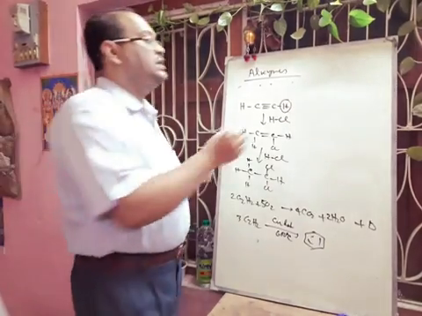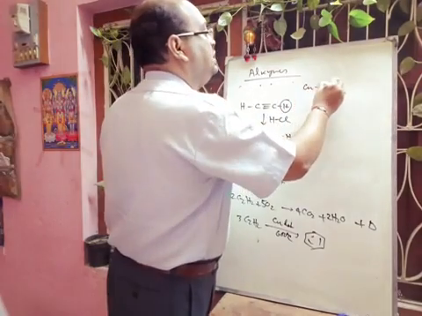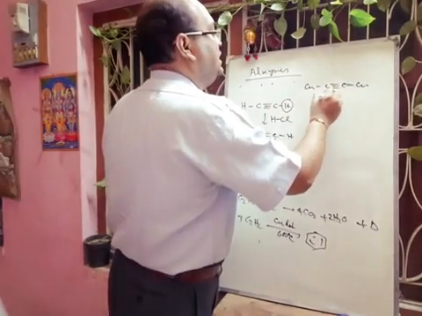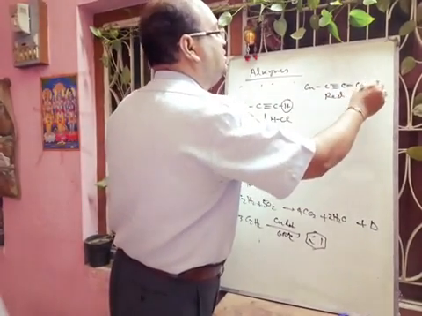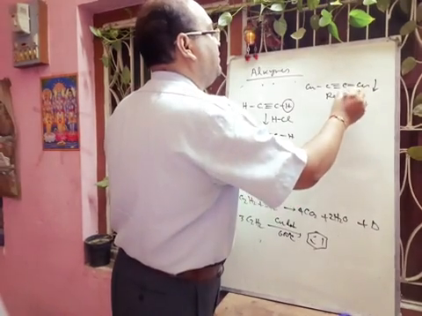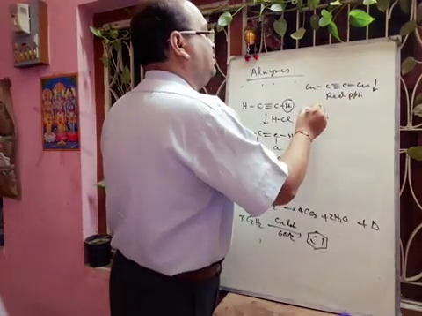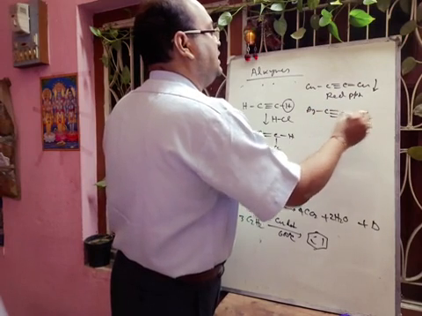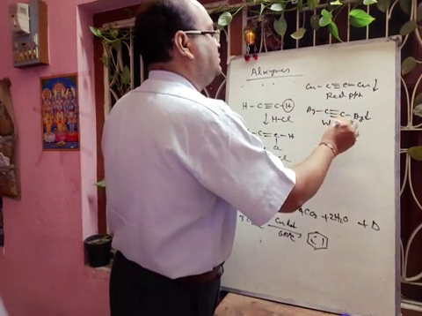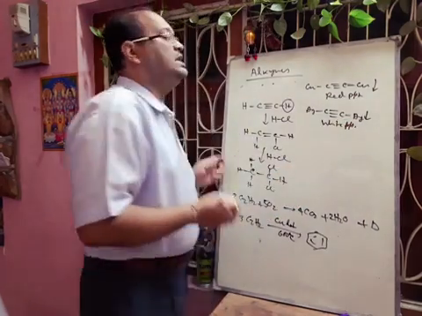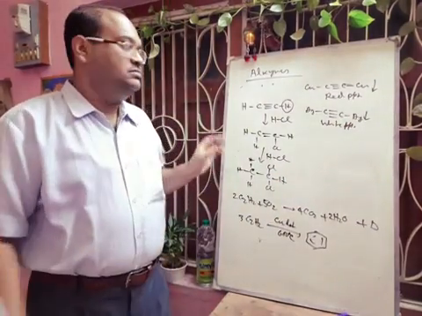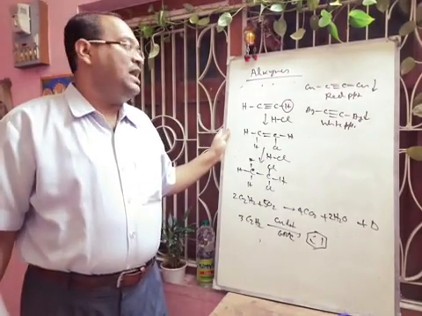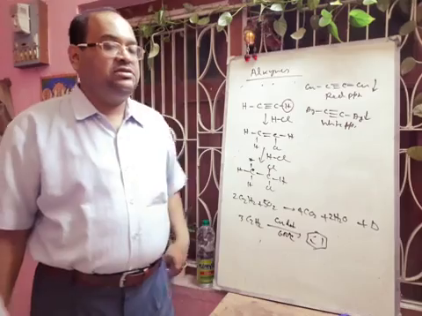So one is Cu-C≡C-Cu, the copper acetylide. It is red in color, a red precipitate. And the silver acetylide formula is like this, the silver acetylide, a white precipitate. So by these two reactions you can easily identify acetylene. From alkynes, only acetylene is in your syllabus.